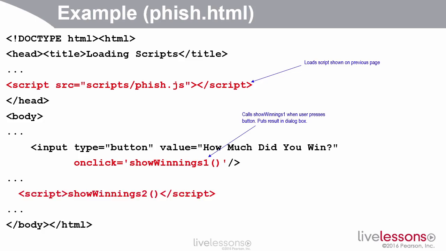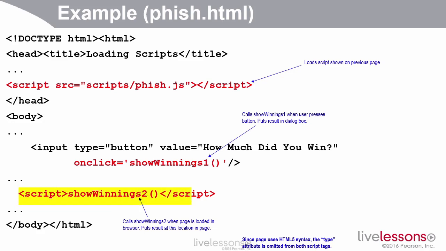And then finally, we have a script tag in the body that calls showWinnings2. showWinnings2 uses document.write, and so the output of showWinnings2 will be inserted into the page at this location as the page is initially loaded.